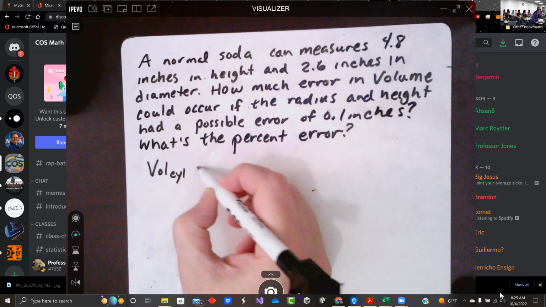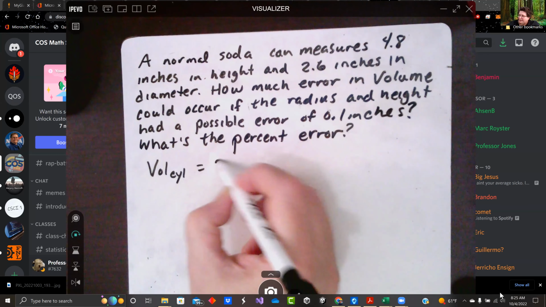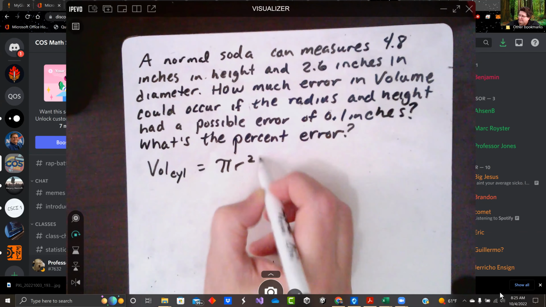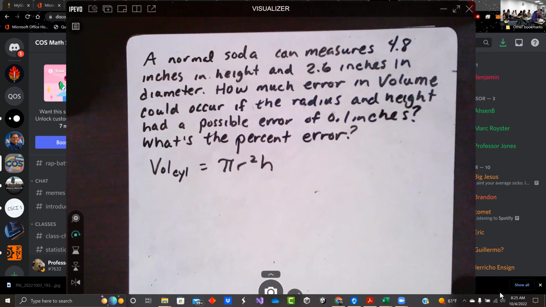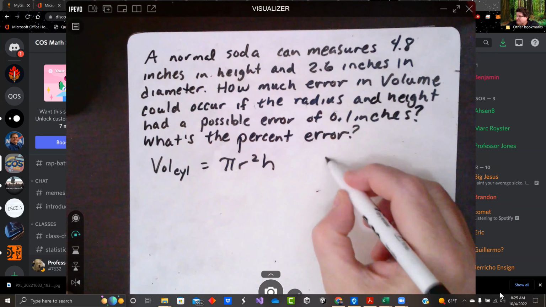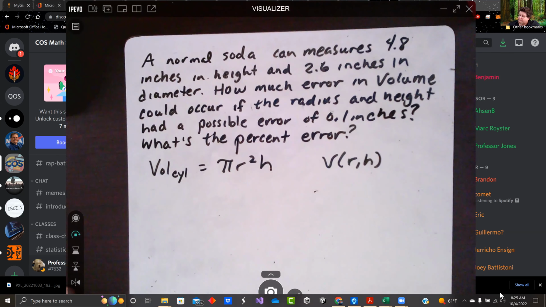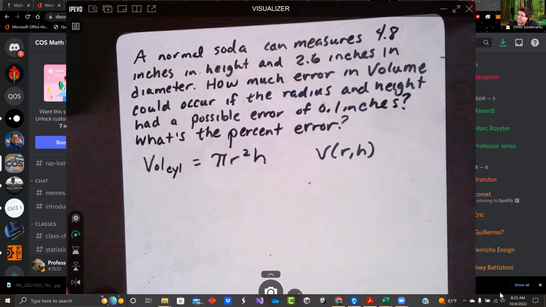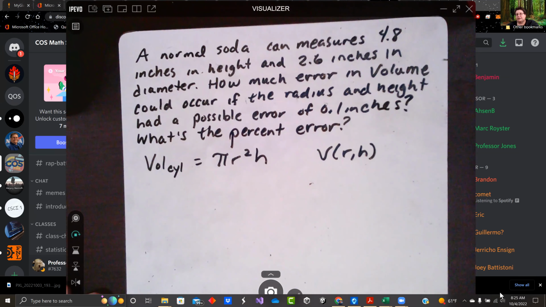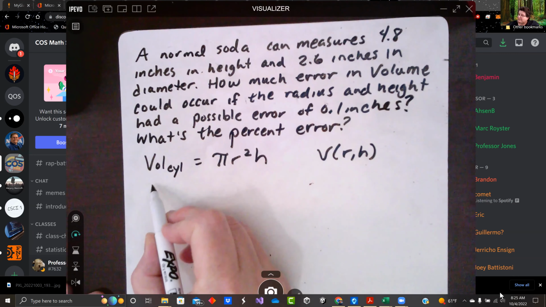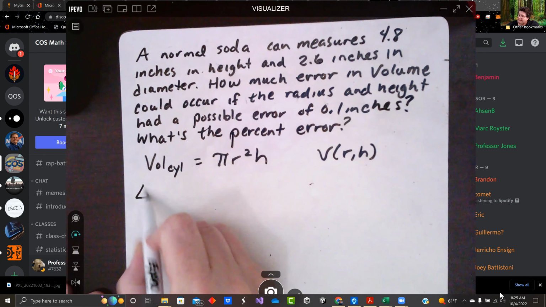The volume of a cylinder is pi r squared times the height. So V is a function of r and h here. And if we're checking for error in volume, we're checking for a change in volume, so we're looking for delta V.